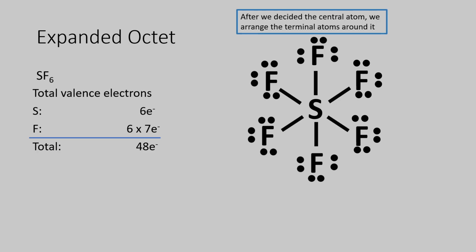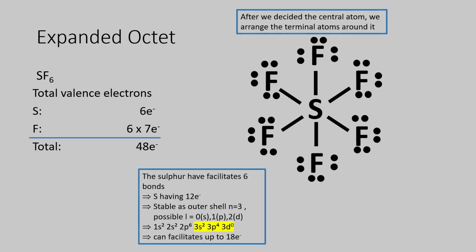Berapa? Yes, 12. So this one, kenapa dia boleh ada 12? Kalau you tengok, you ambil sulfur. Sulfur is group 16 and dia ada 16 elektron.